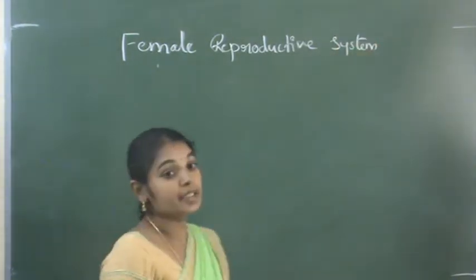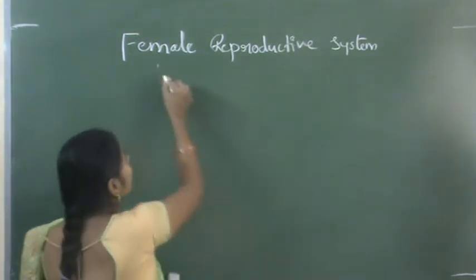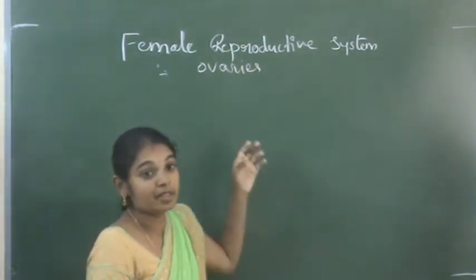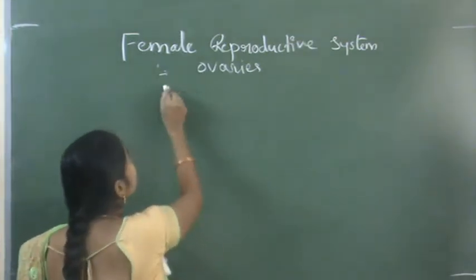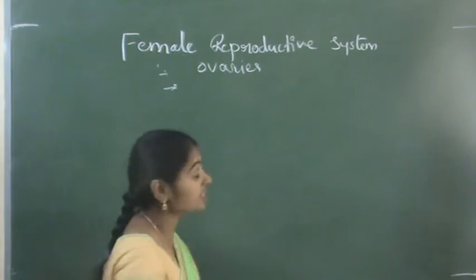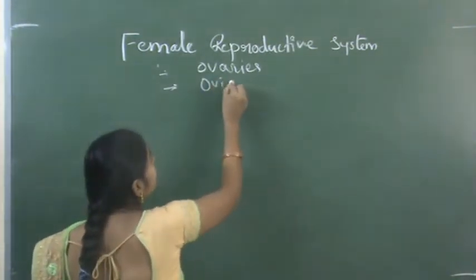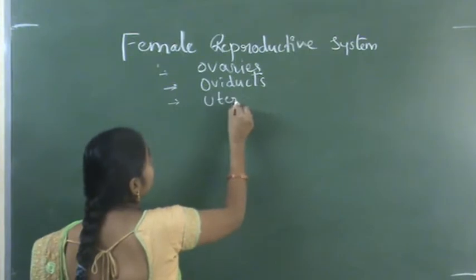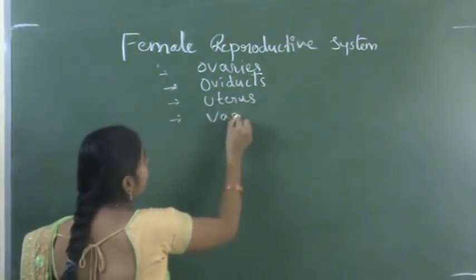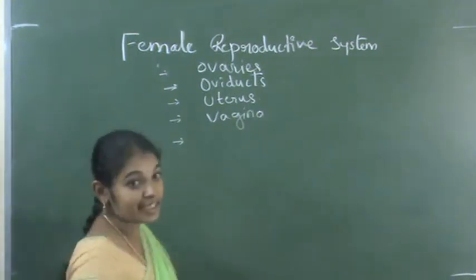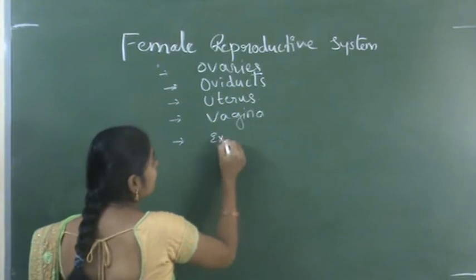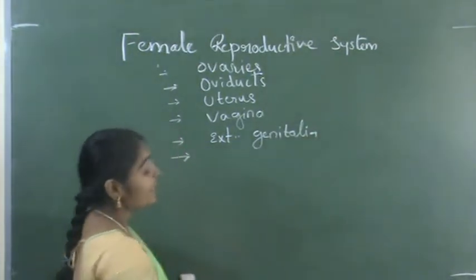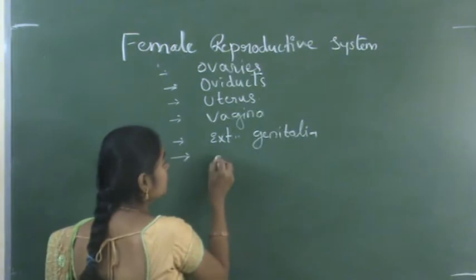As we discussed earlier, the female reproductive system consists of a pair of ovaries, which are referred to as the primary female sex organs, along with the accessory structures: a pair of oviducts, the uterus, vagina, external genitalia, and accessory glands of the female reproductive system.